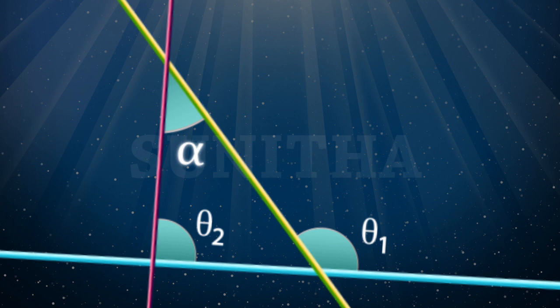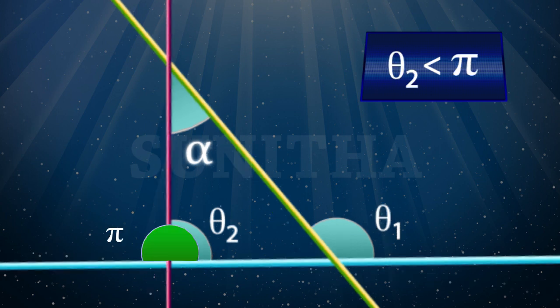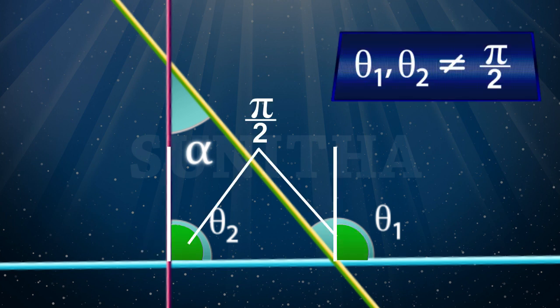Suppose the measure of the acute angle between the lines is alpha, 0 less than θ1, θ2 less than pi, and θ1 and θ2 not equal to pi upon 2.